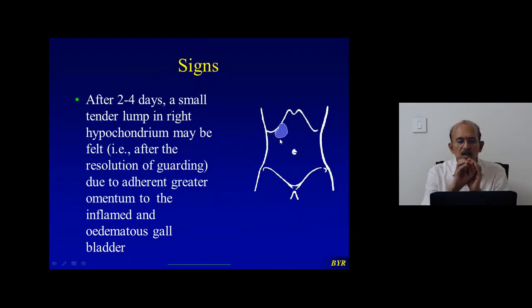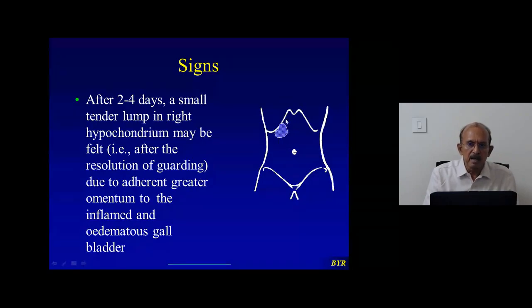So a small tender lump will be formed in this region. The greater omentum is called the policeman of the abdomen. Wherever some inflammation is there, the greater omentum goes to that area and adheres there. That is how it causes warding off of the infection.